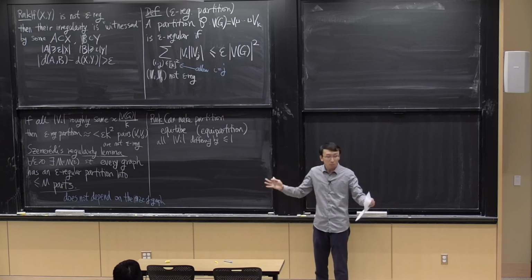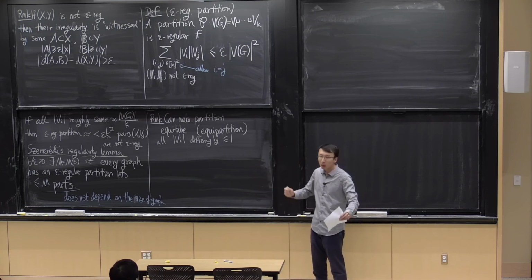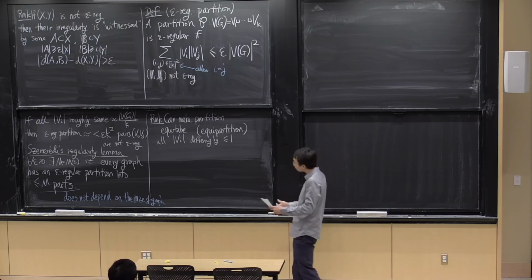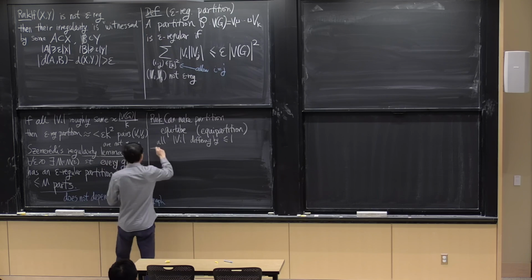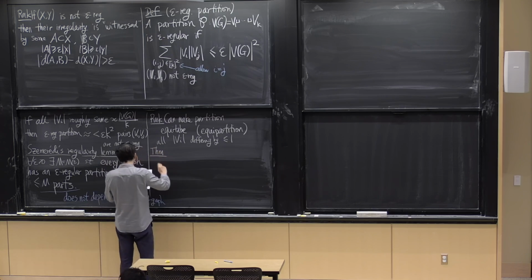So basically, all the parts have the same size, up to at most 1 because of divisibility. So let me state a version of the regularity lemma for equitable partitions.